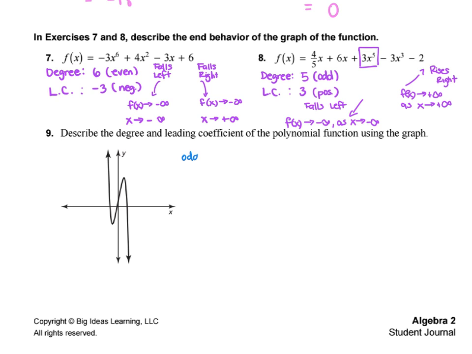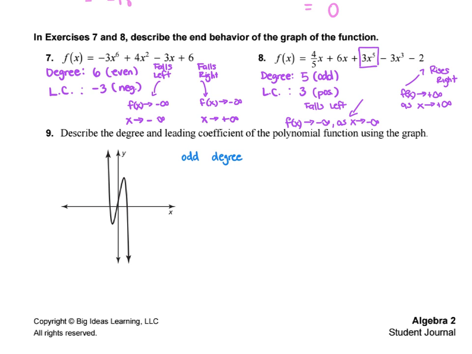So that's the behavior of odd degree functions. So this is an odd degree. And because it's rising, basically if we connect the two arrows, the tail ends, okay, it looks like it is falling from left to right if you connect the tail ends.